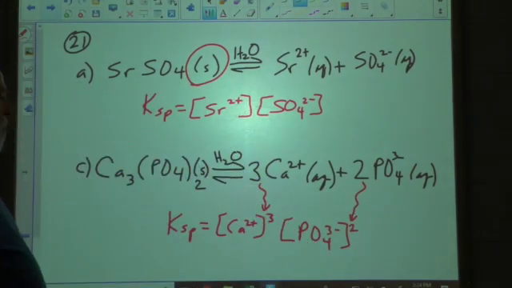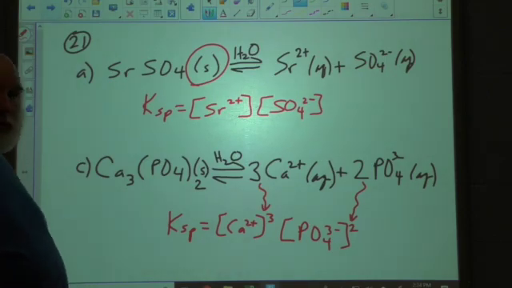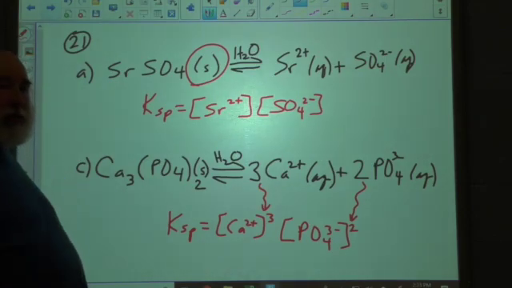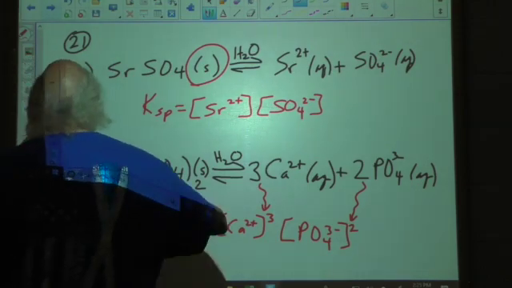And there's your Ksp expression for calcium phosphate, which, by the way, is the formula of the substance that makes up teeth and bones.